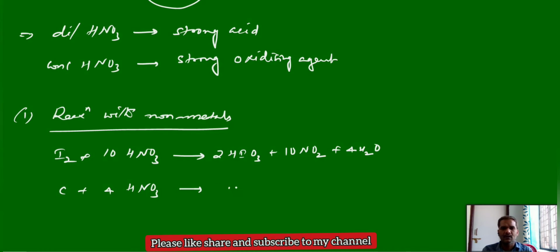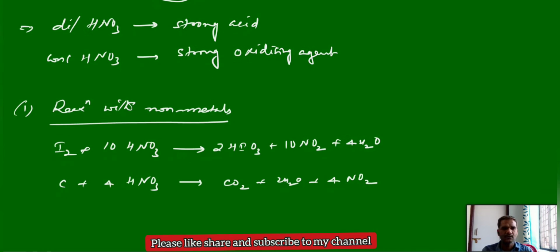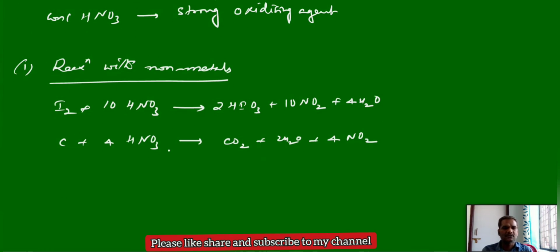Similarly, carbon to carbon dioxide. And you will get other byproducts, water and nitrogen dioxide. Mostly whenever you use concentrated nitric acid, nitrogen dioxide is one of the byproducts. This is also a very important point. So you can take all these reactions as one of the preparation methods of NO2. We get NO2 whenever we use concentrated nitric acid.